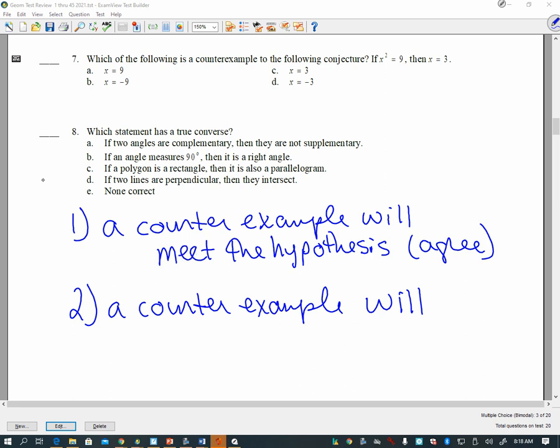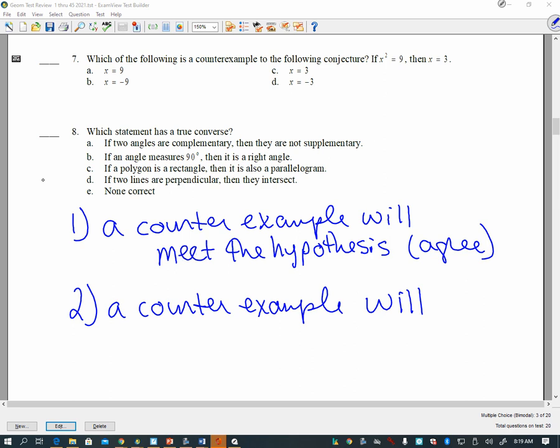Easy ones, like if I made the statement, I want to give you an if-then statement: if a plant is a tree, then it is an oak. That's an if-then statement. Can anybody think of a counterexample to that statement? If a plant is a tree, then it is an oak. Any thoughts?